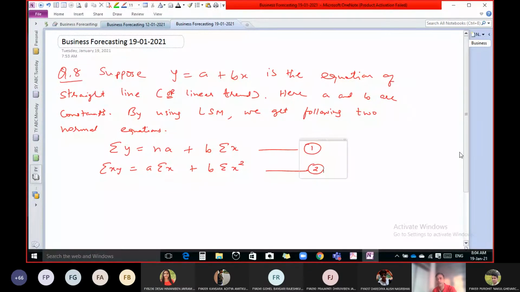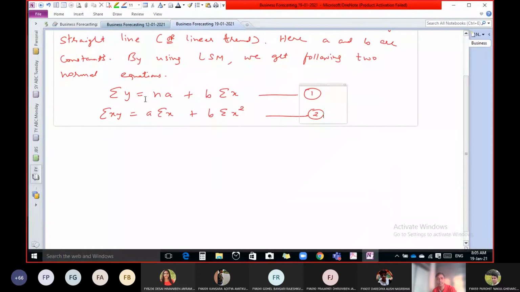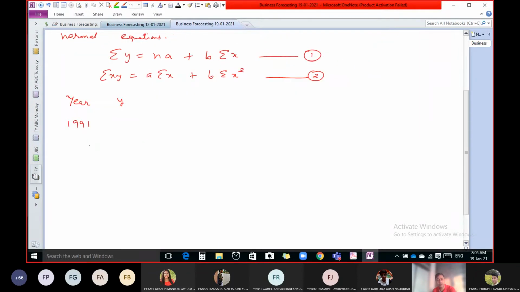Now, after that, you have to find the value of sigma x, sigma y, sigma xy, sigma x square. And for that, you have to prepare the table. So we have data of year and value of y. 1991 to 1997, we have data for these 7 years.